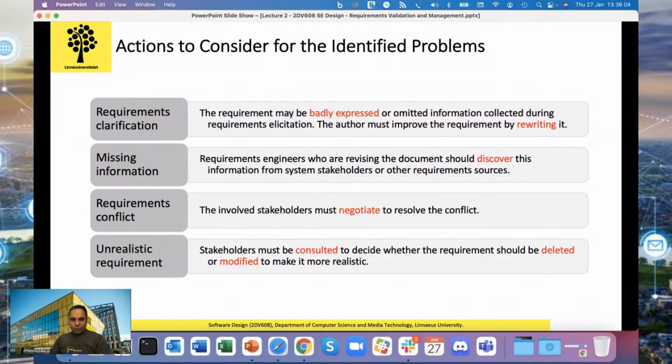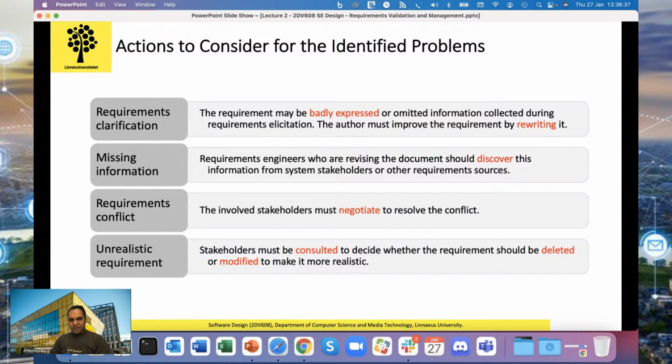So what should we do once we identify problems in this requirements validation phase? If there is some requirements clarification issue, probably that's because the requirements are badly expressed. We need to rewrite those requirements. If there is missing information, engineers should try to discover that missing information, and they can do it by talking with the stakeholders and then rewriting or updating the requirements.